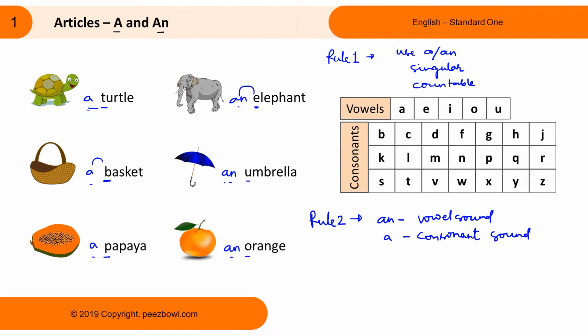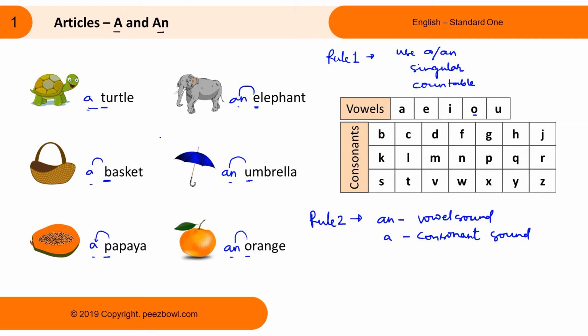Then umbrella, it sounds like a vowel. So n is used. Papaya sounds like p. It sounds like a consonant. So a is used. Then orange, it sounds like o. So n is used. Okay, I spoke about vowel sound and consonant sound.